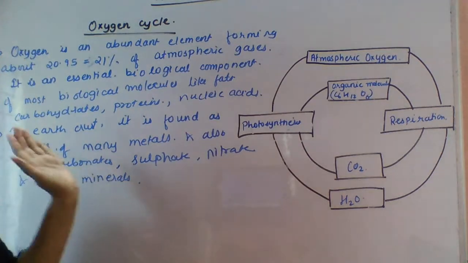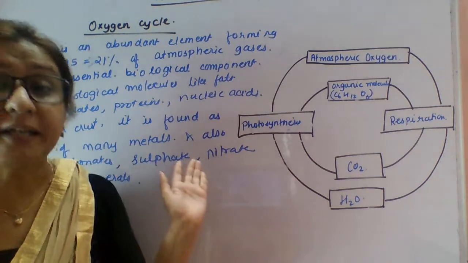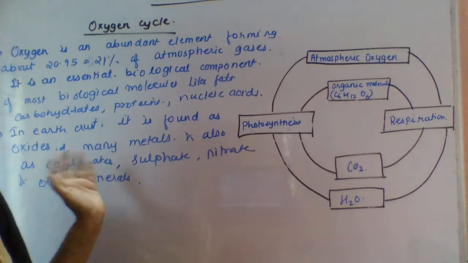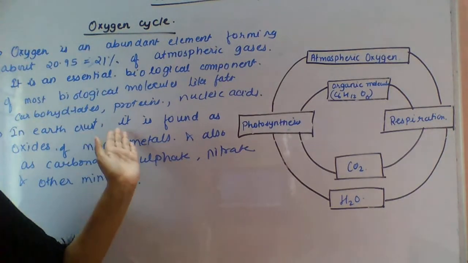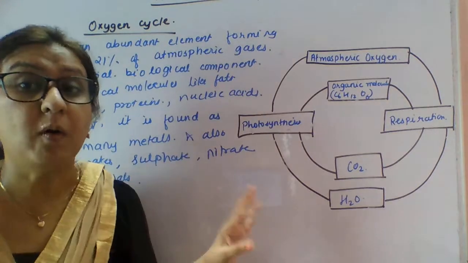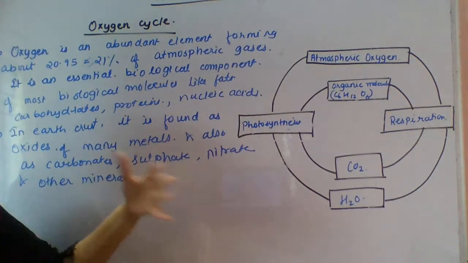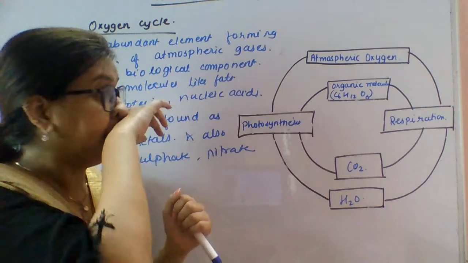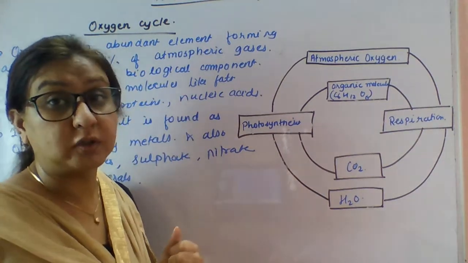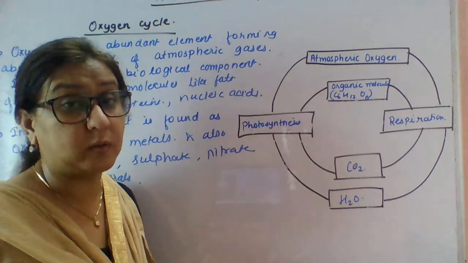And lastly, in the Earth's crust, it is found as oxides of many metals, also as carbonates, sulfates, nitrates, and other minerals. So this is all about the introduction of the oxygen cycle. Now we will see the oxygen cycle.